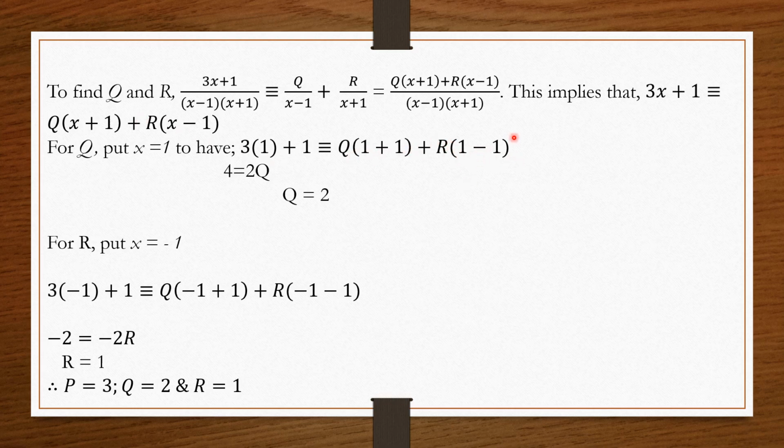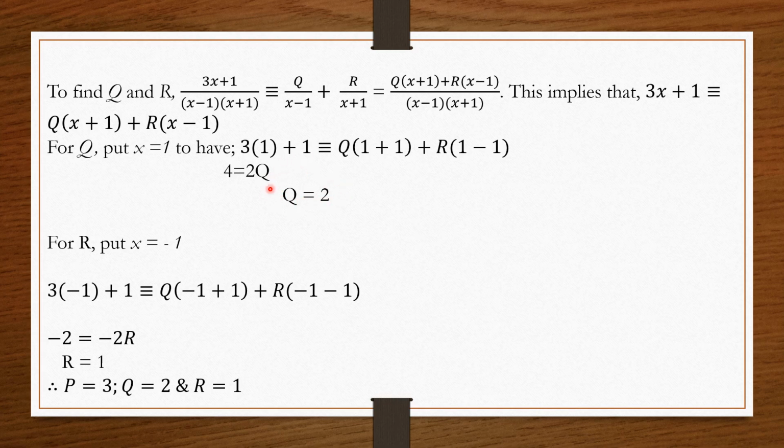So 1 minus 1 here becomes 0. So multiply r by 0, you have 0. So 1 plus 1 here becomes 2. Multiply q by 2, you have 2q. Okay. Then here I have 3 times 1 plus 1, which is 4. Divide both sides by 2, and you have your q to be what? 2. So now we know our q.